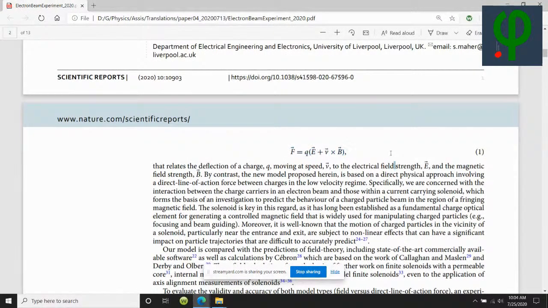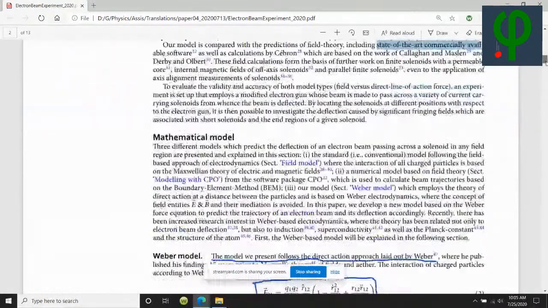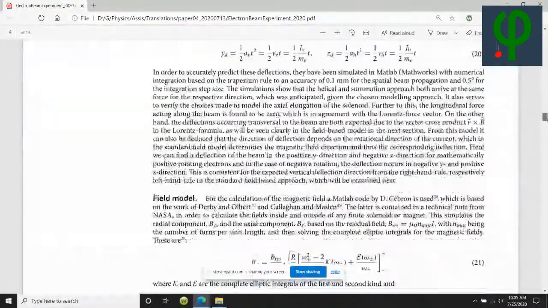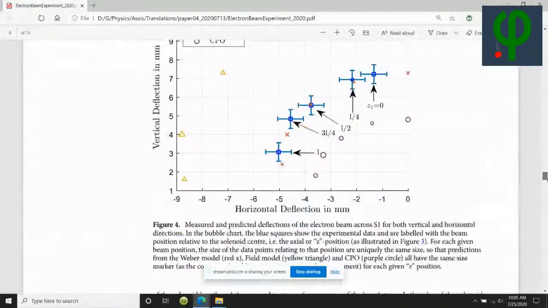And then there's some software which they're using for modeling, which has its own force equation built in. I don't know what that is. They say here some state-of-the-art commercially available software. So they're comparing those three and looking at the data.